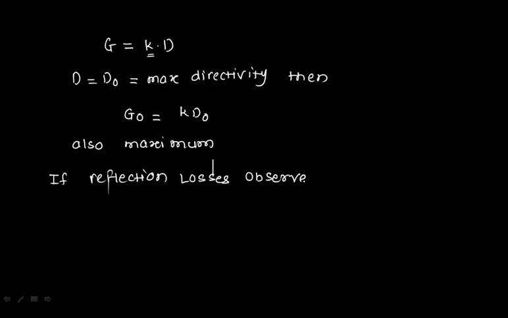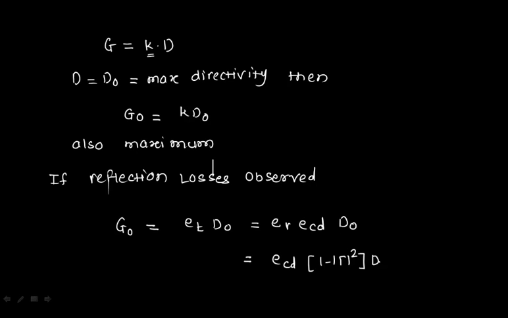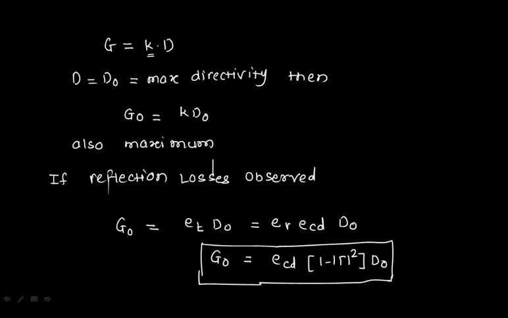In this case, if you have reflection losses, you can say G0 is equal to ET into D0. Now ET includes reflection loss and conduction dielectric loss, and D0. So again, you can replace it with ECD times 1 minus rho square, which is nothing but the reflection loss, into D0. So this will be the complete gain which you get if you have the maximum directivity, but you need to consider both things.